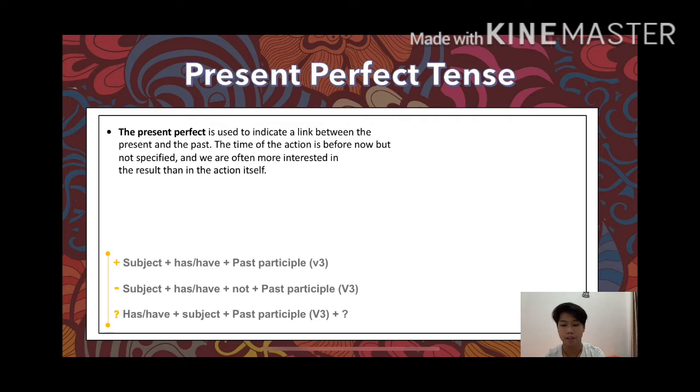The present perfect is used to indicate a link between the present and the past. The time of the action is before now, but not specific. And we are often more interested in the result than in the action itself.